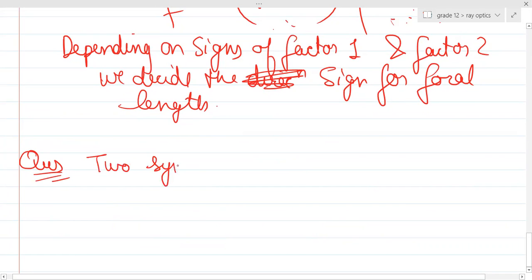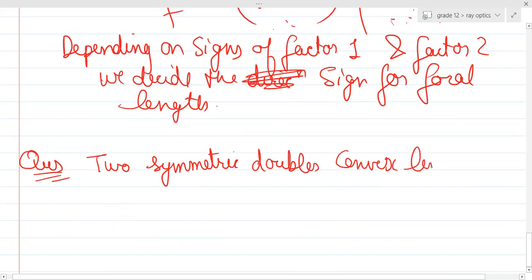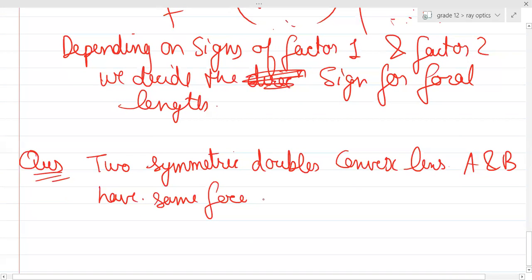Two symmetric double convex lenses. Acha, what do you mean by double convex lens? And I have added symmetric, that implies it's what kind of lens?